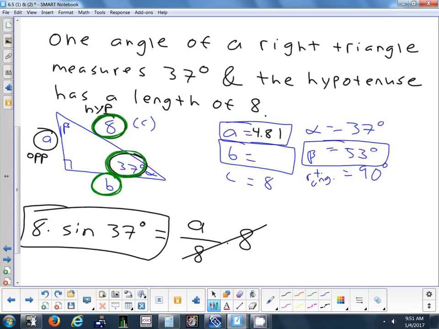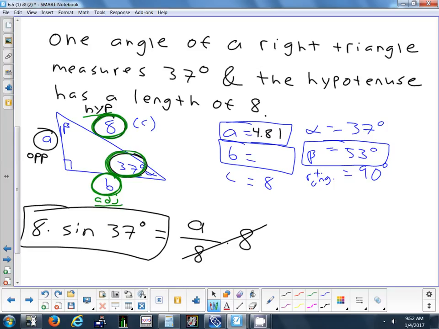We didn't label it. So now we want the adjacent. We have the hypotenuse. What trig function has adjacent over hypotenuse in it? Cosine. So you basically do the same thing again, except use cosine instead of sine. And that would give you B.